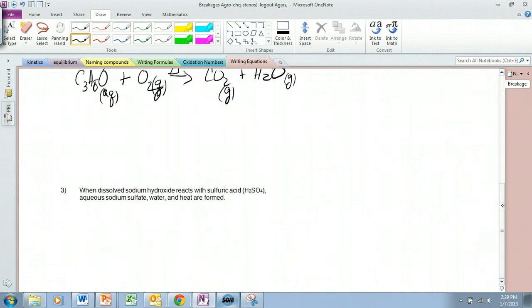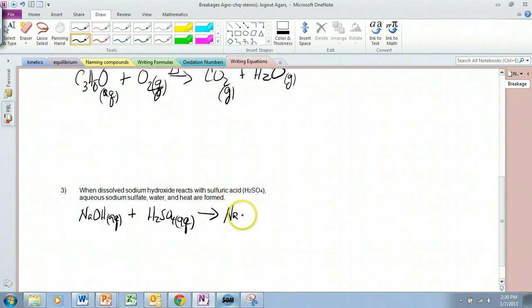When dissolved, sodium hydroxide, so that's NaOH, and it's dissolved, so that's Aq, reacts with sulfuric acid, and they gave you the formula for that, and that's going to be aqueous as well, yields aqueous sodium sulfate.